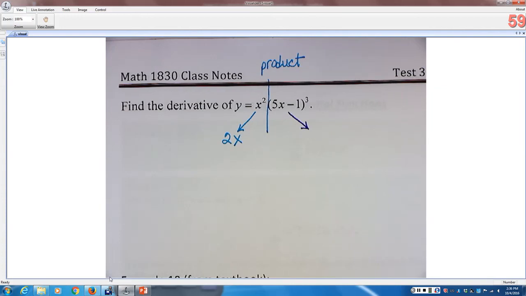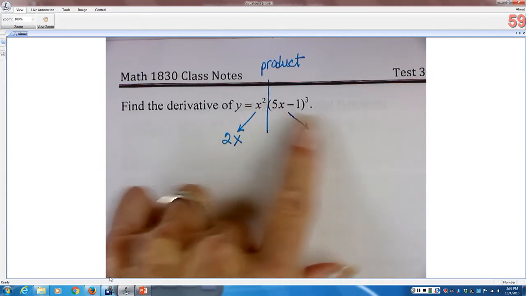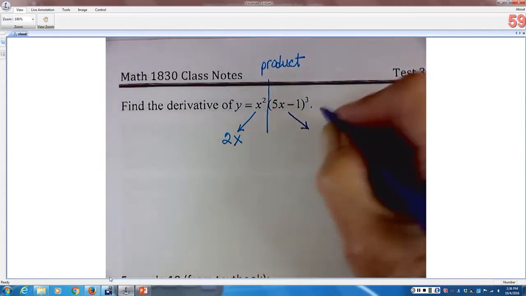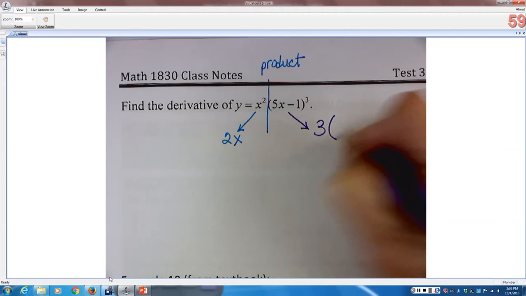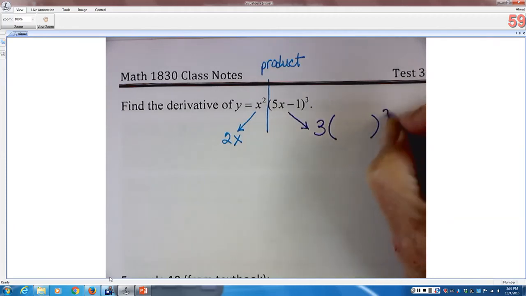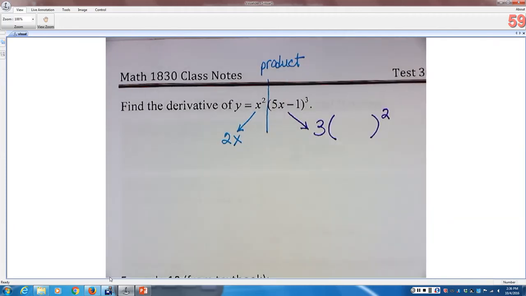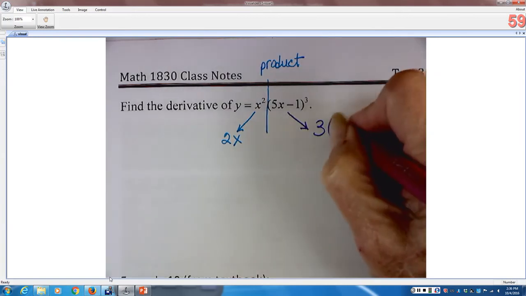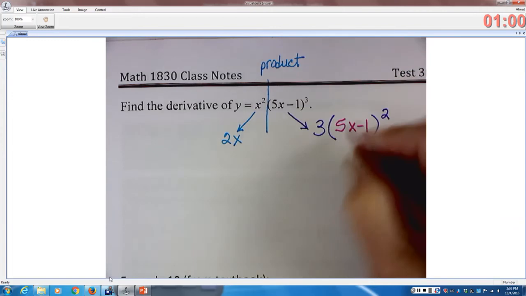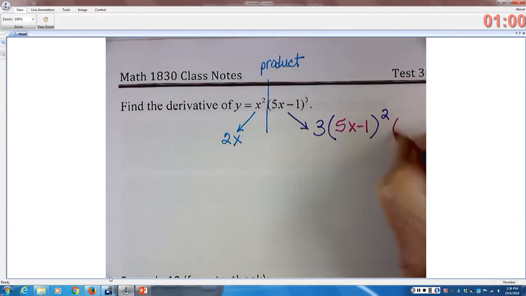And the chain rule says take the derivative of the outside, which is the third power, which will be 3 times the parentheses, and drop the power to 2. Put the 5x minus 1 back in the parentheses, and then take its derivative, which is 5.